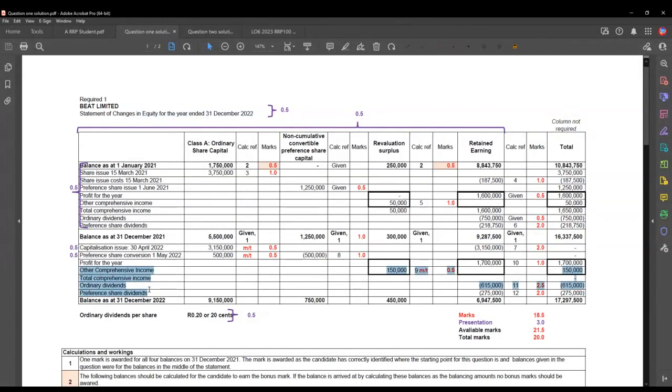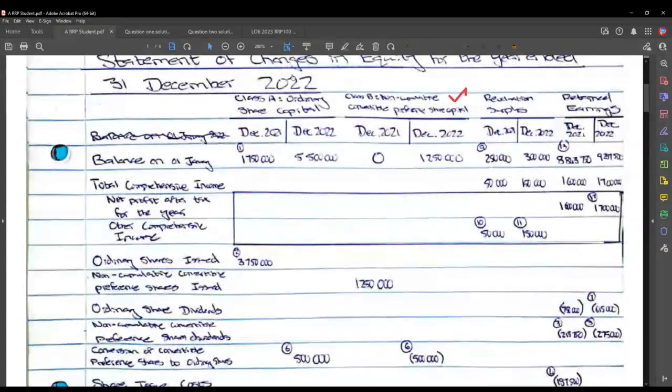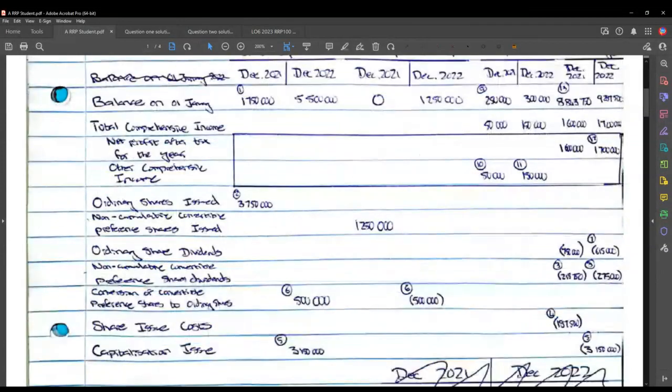Notice that you don't get half marks for any of the other elements in 2022. For any of the other stuff in 2022, you don't get marks. So our student, let's have a look. He or she here has got the profit, total profit. We've also got the issue that happened in 2021.